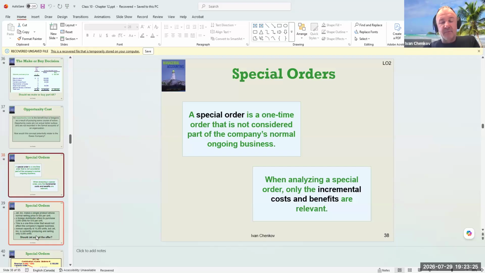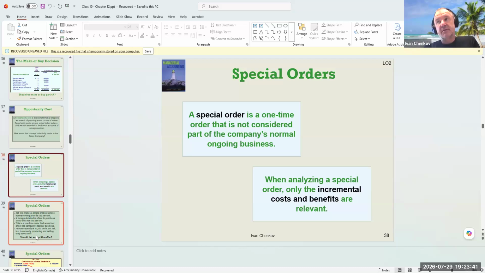Now, what's going to happen with this special order, obviously below our normal selling price? What we need to consider is whether our business is going to be affected. If our business is not affected, then we might consider that offer.